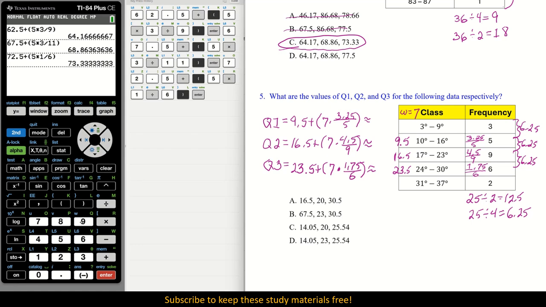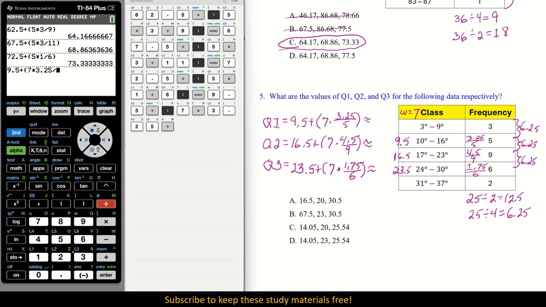Okay, first one, 9.5 plus parentheses 7 times 3.25 divided by 5, close my parentheses. We have 14.05. Right, again, this will get rid of A and B. C and D will be acceptable.